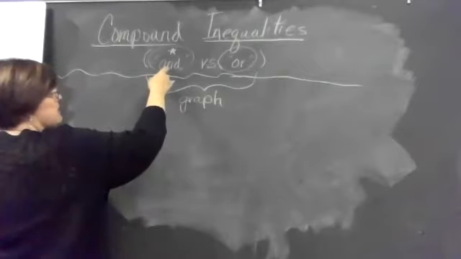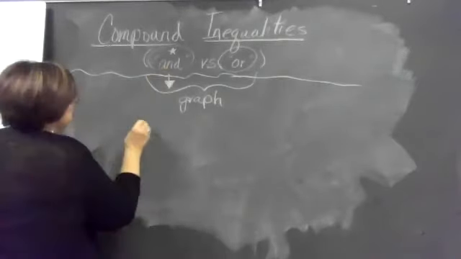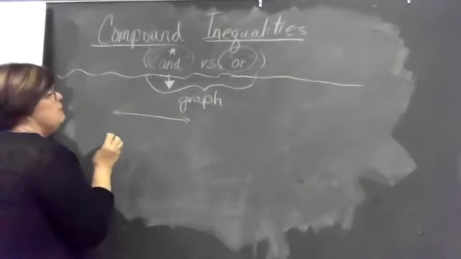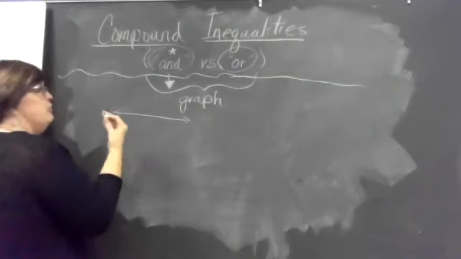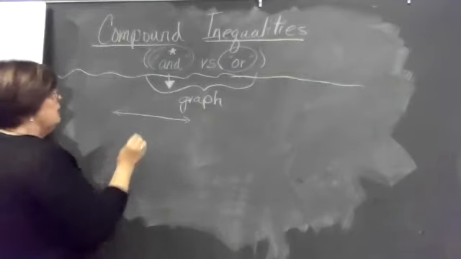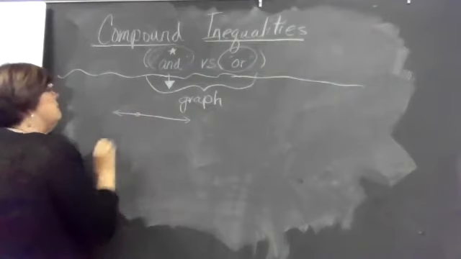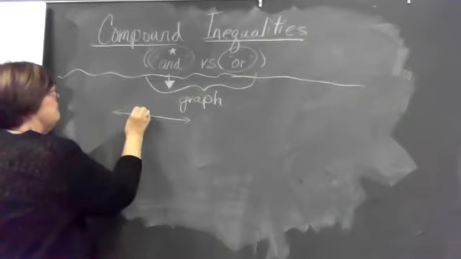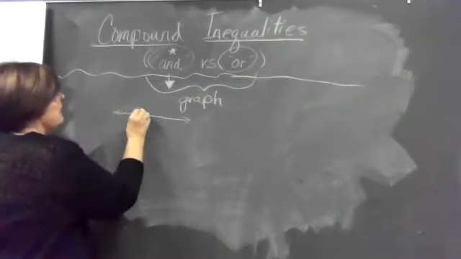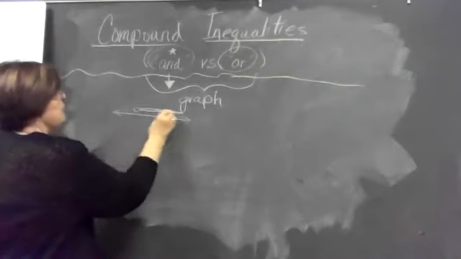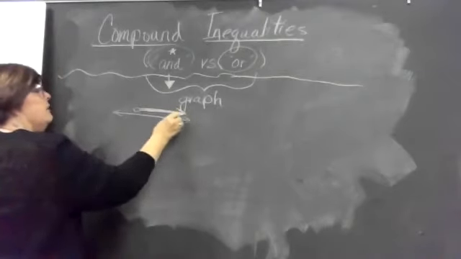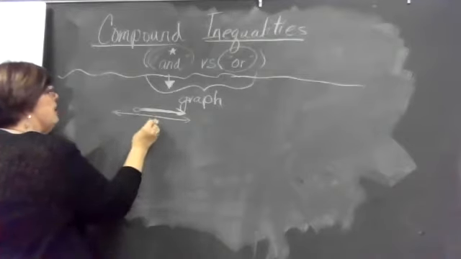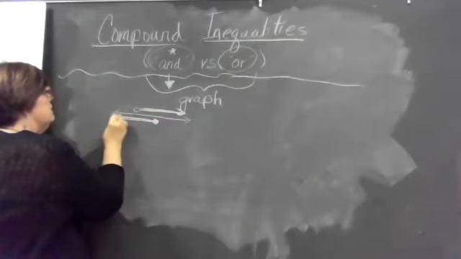The and says the graph will only be where the two graphs intersect. You'll understand this better when we actually do a problem. Let's say one part of the compound says I'm supposed to graph this way, and the other says I'm supposed to graph this way.